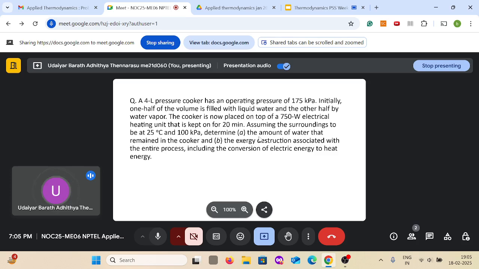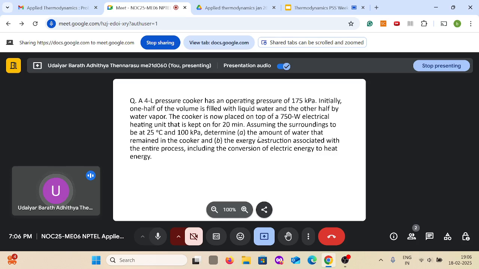remained in the cooker, and the exergy destruction associated with the entire process, including the conversion of electrical energy to heat energy. So what is happening is we have a 4-liter pressure cooker, and the operating pressure is 175 kilopascal, so that is 1.75 bar. Initially half of the volume is filled with water and the other half is water vapor.